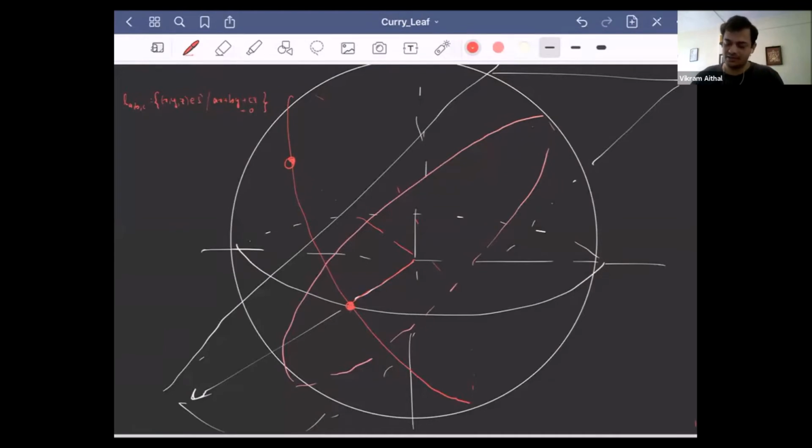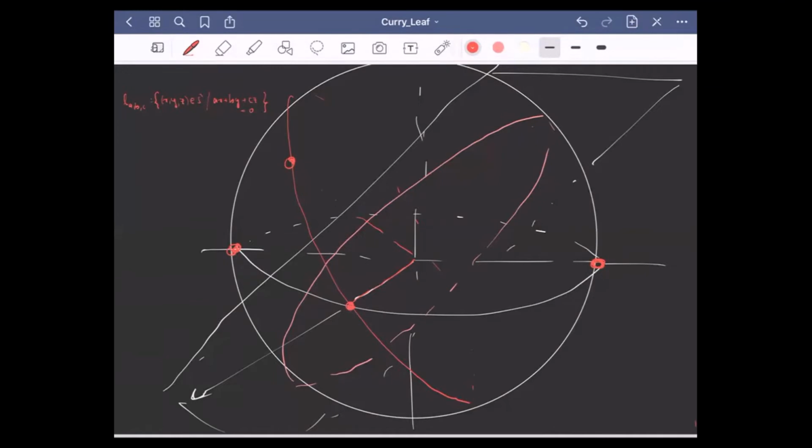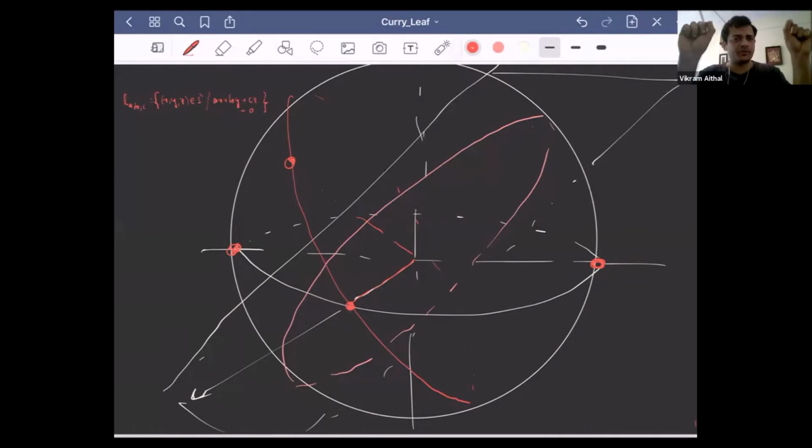Unless, what happens if I take the 2 poles? Unless the 2 points are antipodal, then what do we do? Shashank? Yes, sir. What do we do in this case if the points are antipodal, if the points are diametrically opposite?